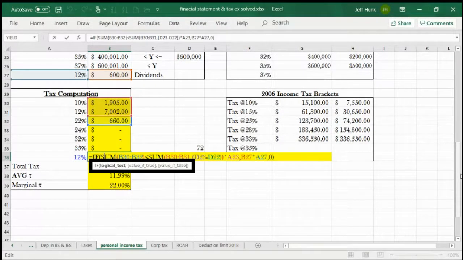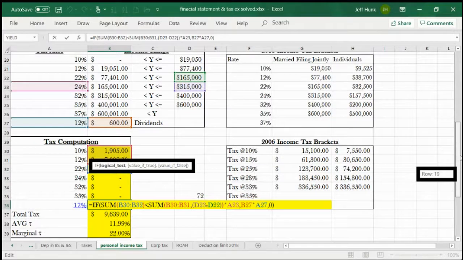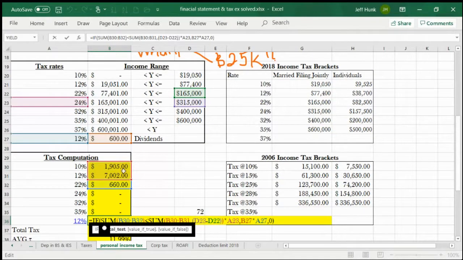So that's what I did, I summed all of this. I wanted to finish this in this video, but this video is running too long.